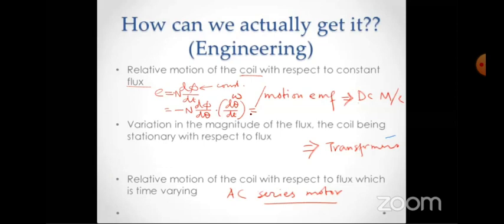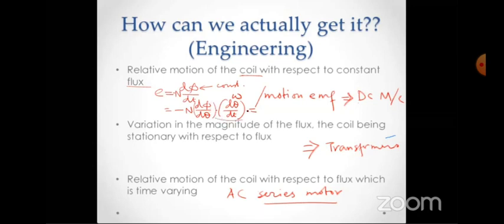Therefore I made this statement, and this type of statement is written in every book, that if there is a relative motion between the coil and the flux, then you will get induced voltage.